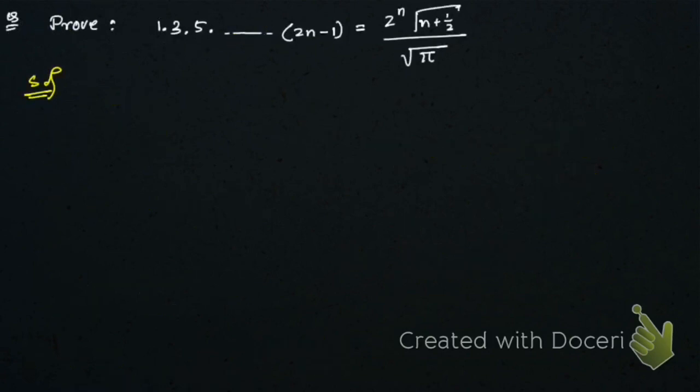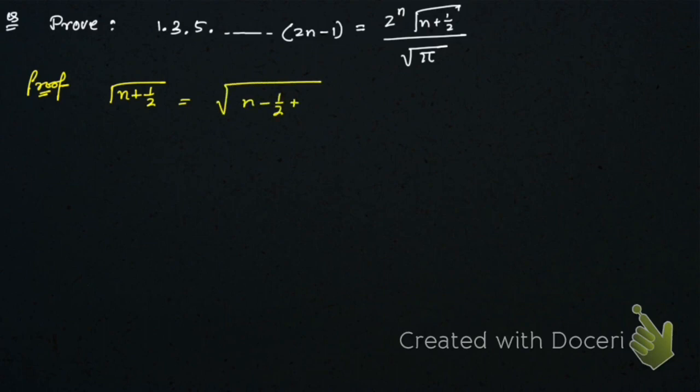So here we have to prove this. Okay, so instead of solution, let me write here proof. So gamma n plus half can be written as gamma of n minus half plus 1, right?